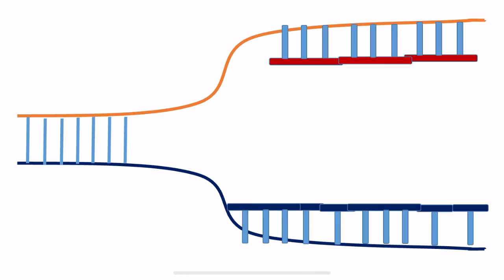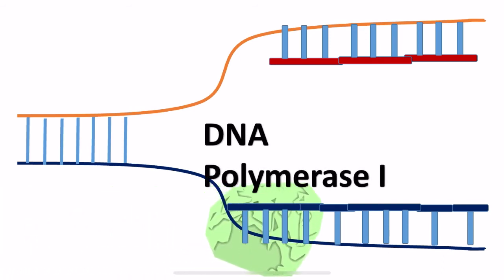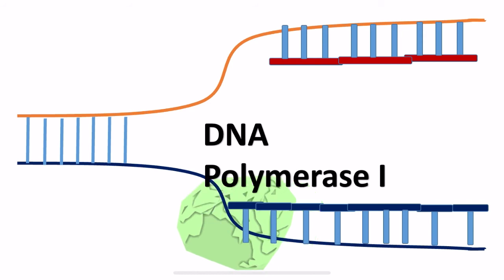Now, after this bonding, another process will begin, where the primers will be removed. Here, DNA polymerase 1 will come at each primer site and remove it, and new nucleotides will be joined at the same place.